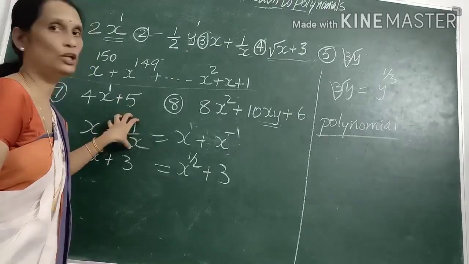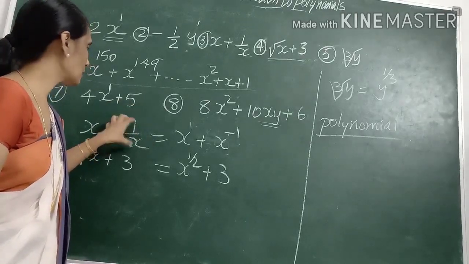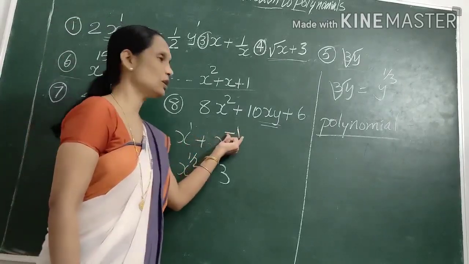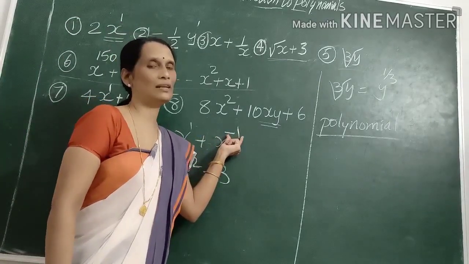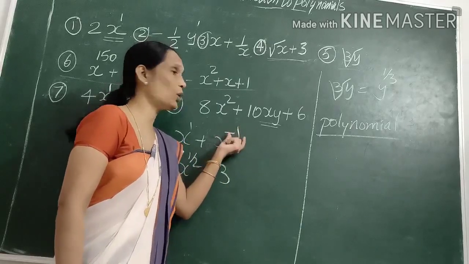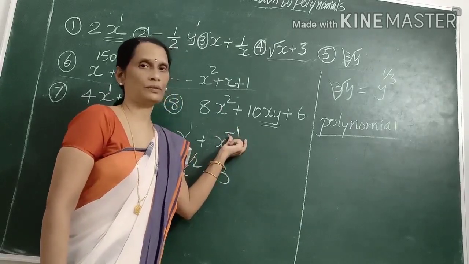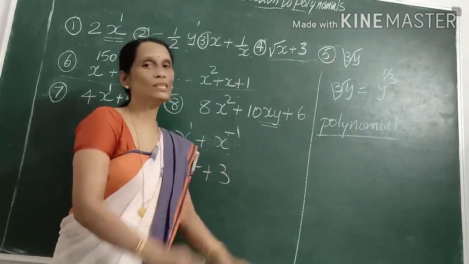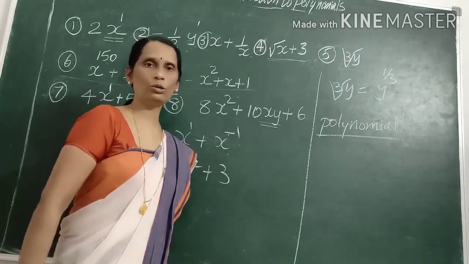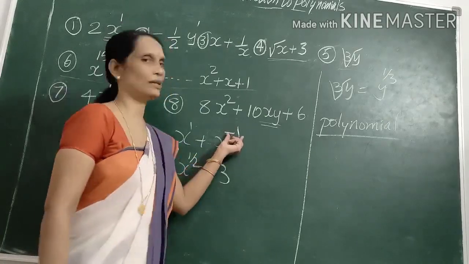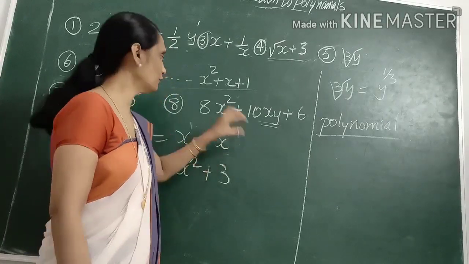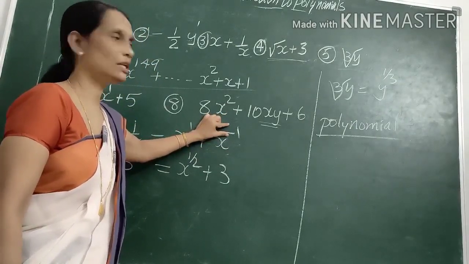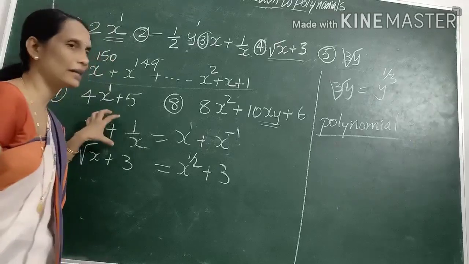Because one of the terms has an exponent that is not a positive integral number. It should not be negative. It can be 0, but it should not be negative. If negative values are coming, that is not a polynomial. It will be only an algebraic expression.